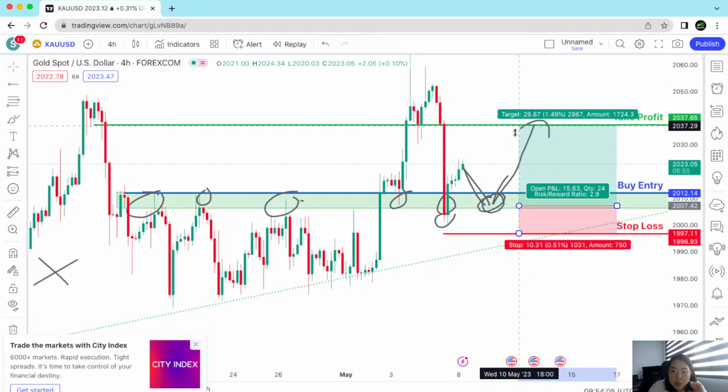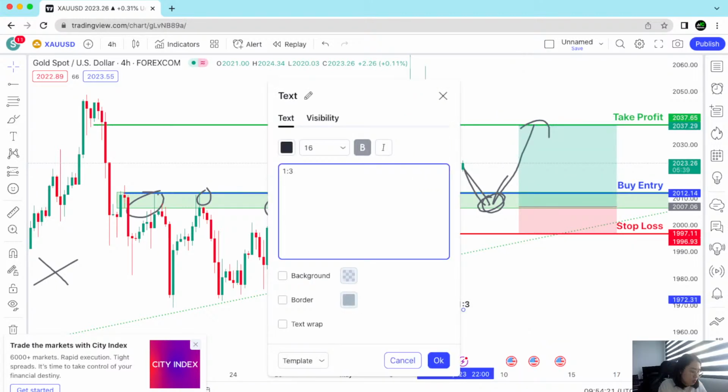So if you have a 1 to 3 kind of trade, that means with a $100,000 account, you are risking 1% to make 3%.